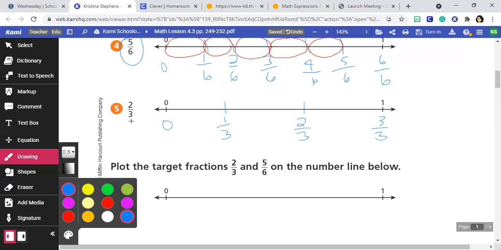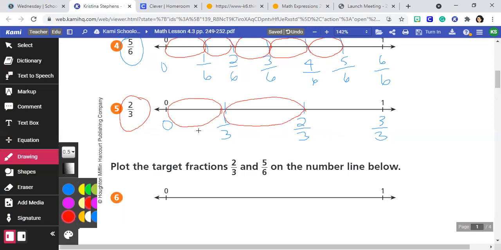Remember, right now our denominator has not changed because that's telling us how many equal parts are in between 0 and 1. Our target number is 2/3. And so we are going to circle what the numerator is telling us, 2 sections. 1/3, 2/3.